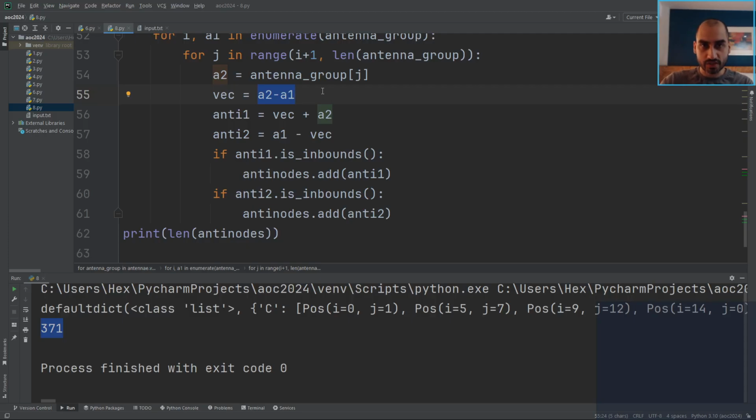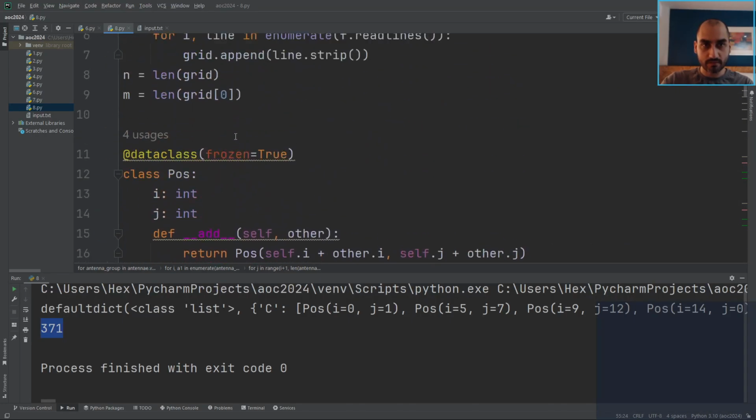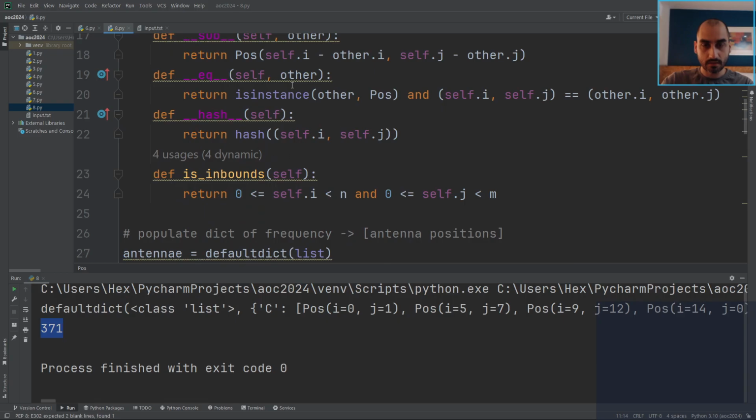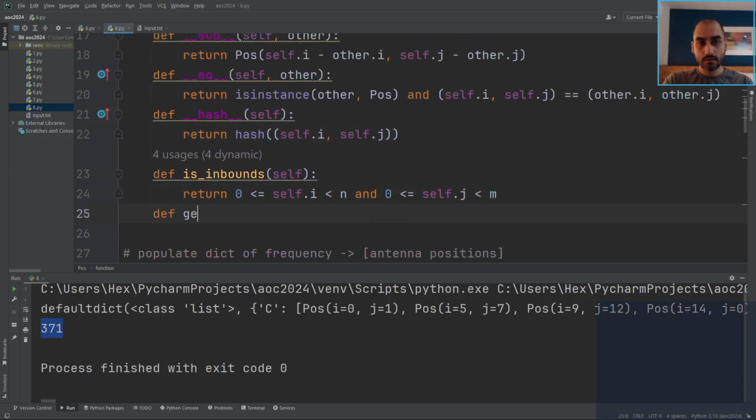So if we were to just add a method for our pos class, say define get... what is the term for this? Get highest common factor HCF vec, highest common factor vec.